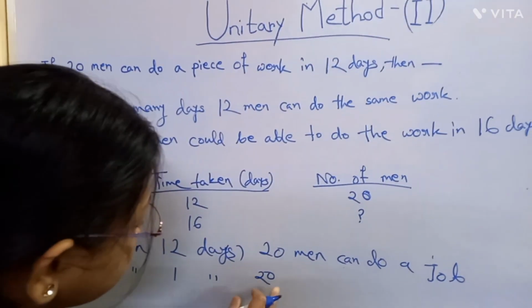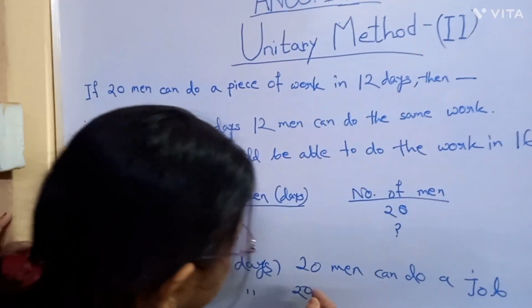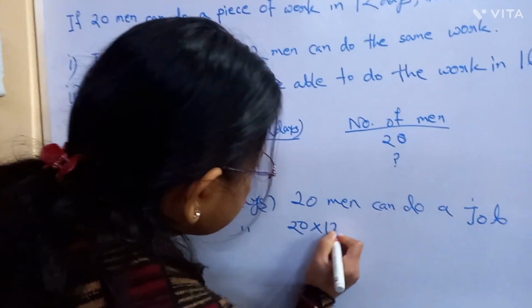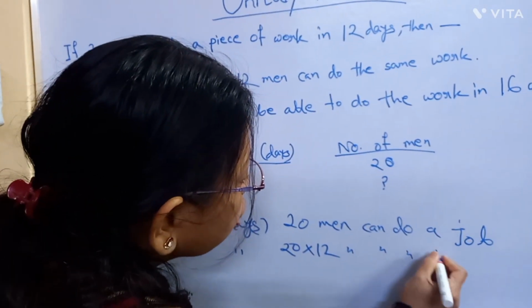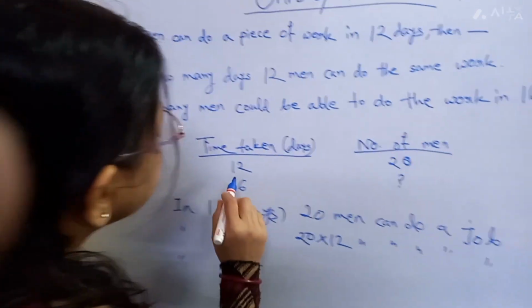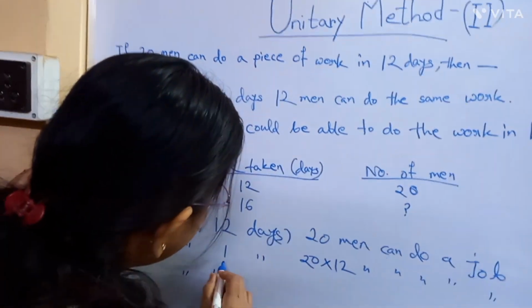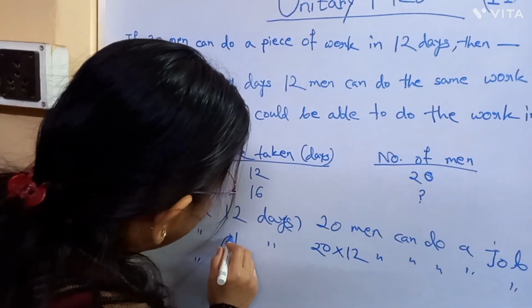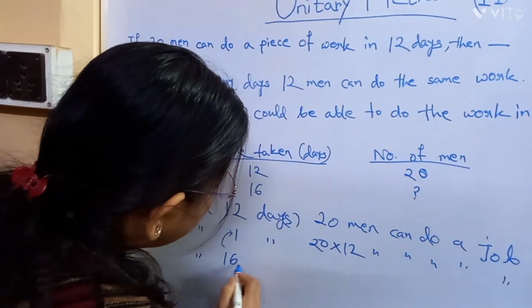So the number of men will be more than previous. Then, can do a job in 16 days. With respect to 1, 16 is more.